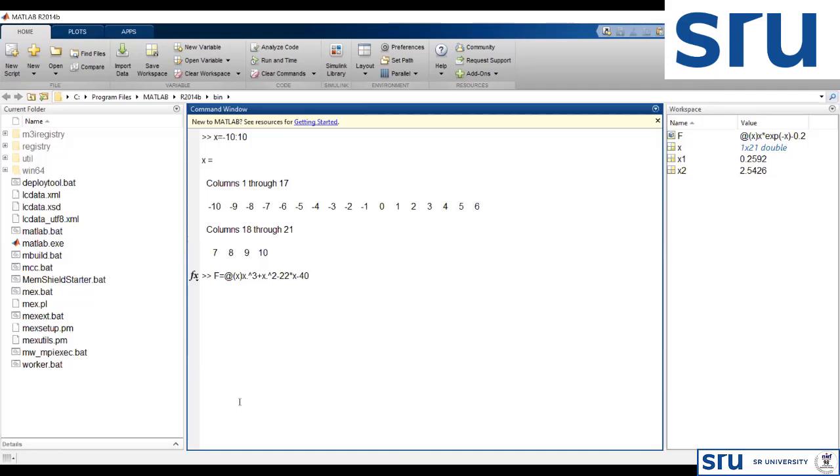Yes, minus 40 is there only. So this is our function value.